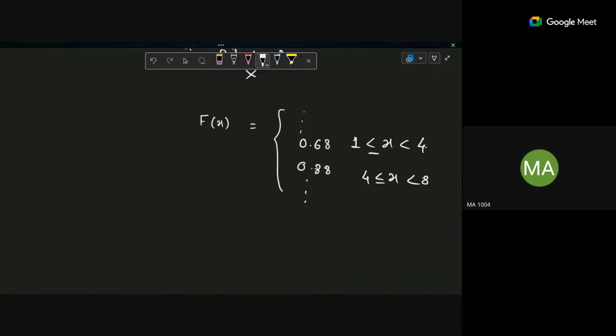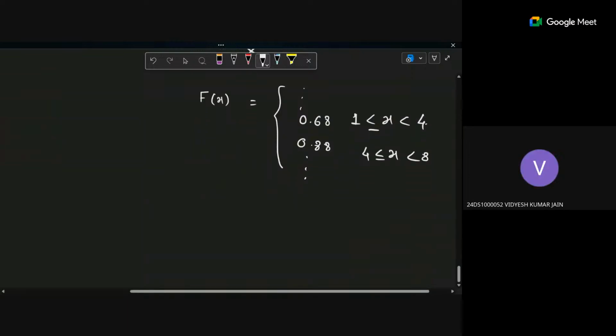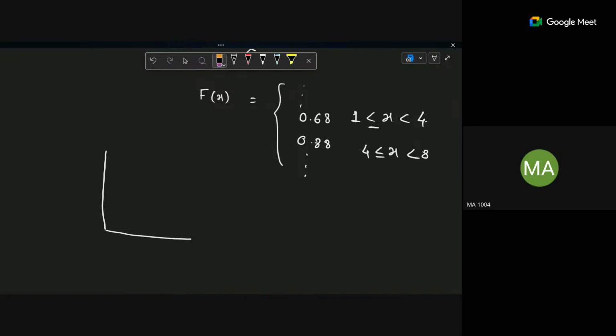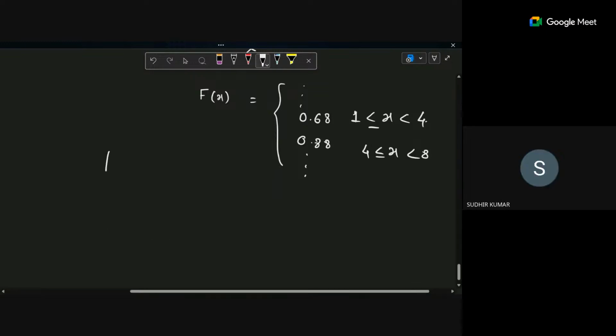Here, this 0.88 is the value whenever x is taking a value between 4 and 8, right? Yes. It's just a notation kind of thing. 4 is included, ma'am? Yeah, 4 is included.